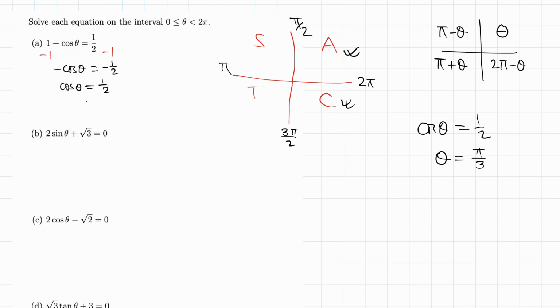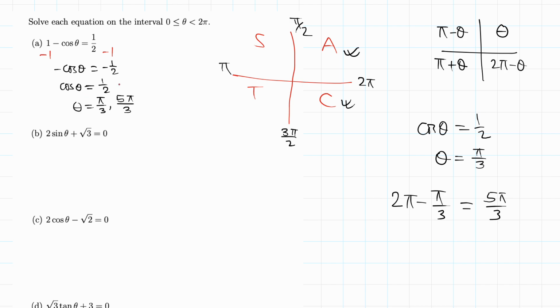So the answers from the unit circle are pi over 3 and 5 pi over 3. Or in this way, since we know that cosine theta equals 1/2 is pi over 3, then another answer is here. That means 2 pi minus pi over 3. That's 3 times 2, 6 pi minus pi, 5 pi over 3. So you can find that.